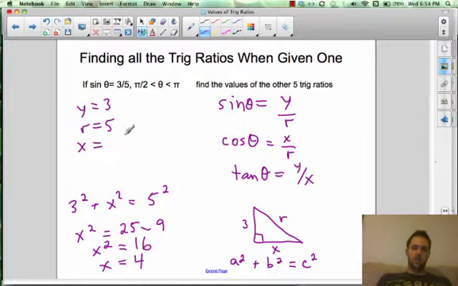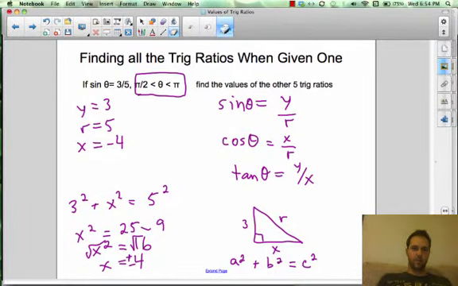But we know that it's in quadrant 2 because we're told that this is our domain. We have to stay within that quadrant. So x then gets a value of negative 4. Of course, when we take the square root of these things, we can end up with plus or minus 4. And then we just have to decide which value to keep and which value to discard. And we keep the negative because we're working in quadrant 2, where cos is always negative.